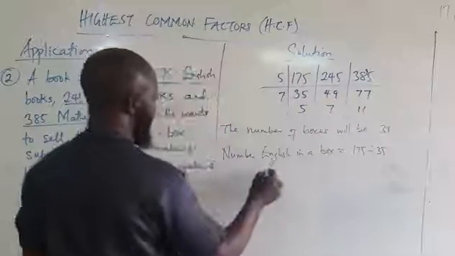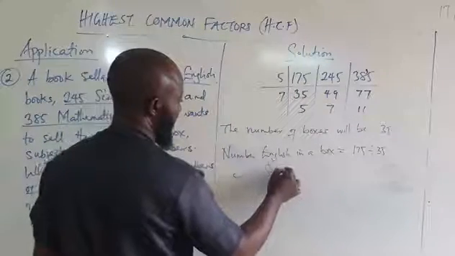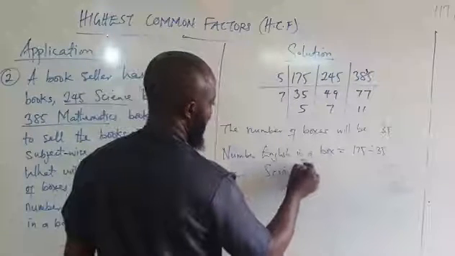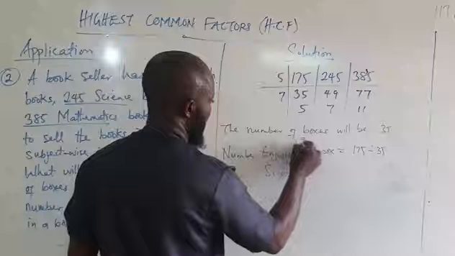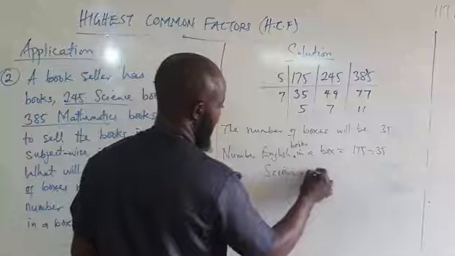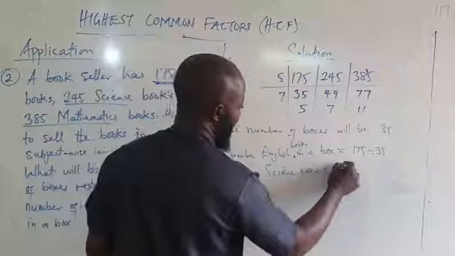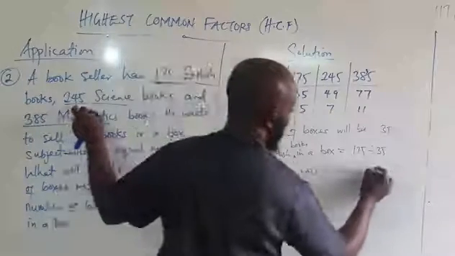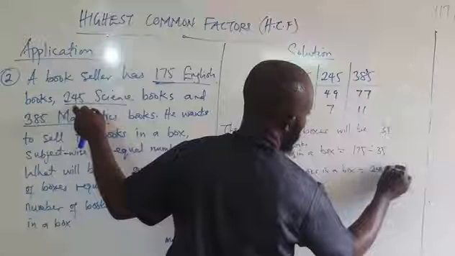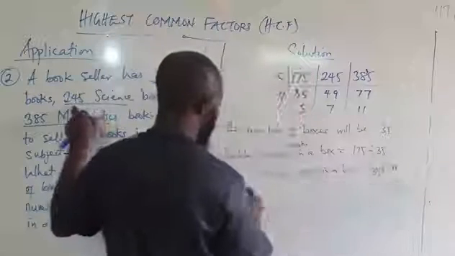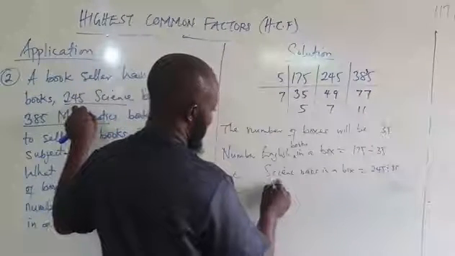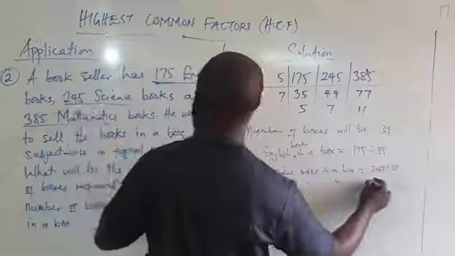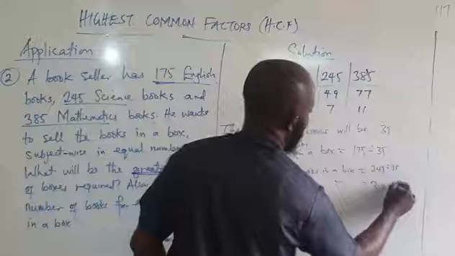The number of science books in a box will be 245 divided by 35. The number of math books in a box will be 385 divided by 35.